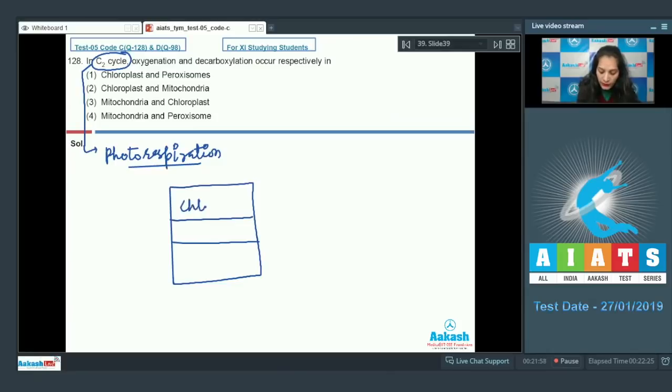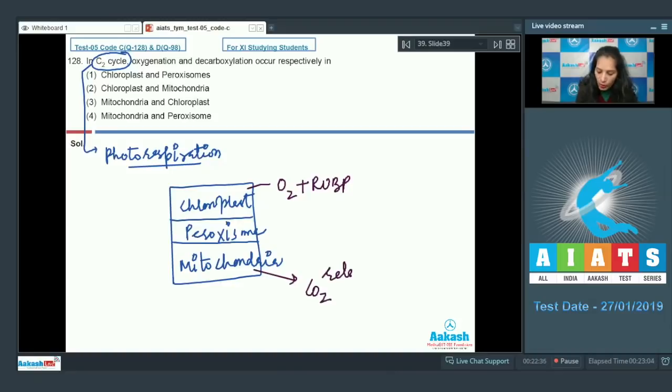First is chloroplast, second peroxisome, and the third is mitochondria. I'm just drawing it to make you understand. So in chloroplast, O2 combines with RuBP, and in mitochondria there is a release of CO2 which is called decarboxylation.